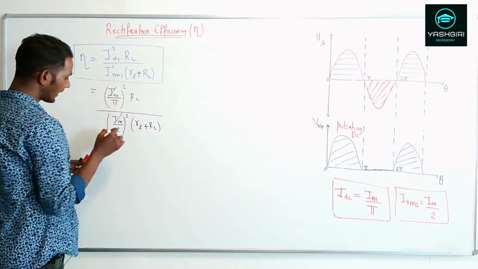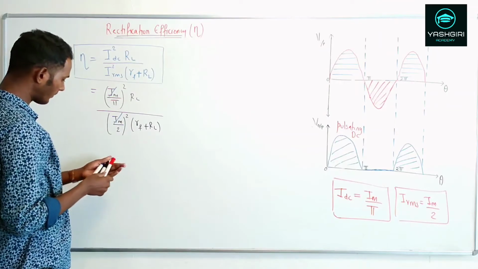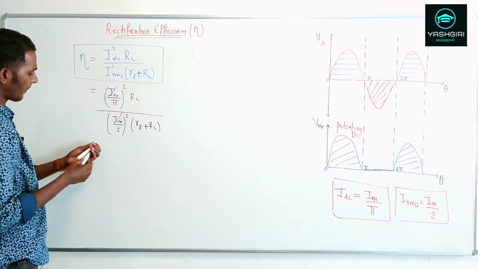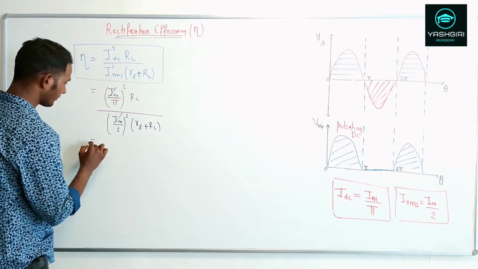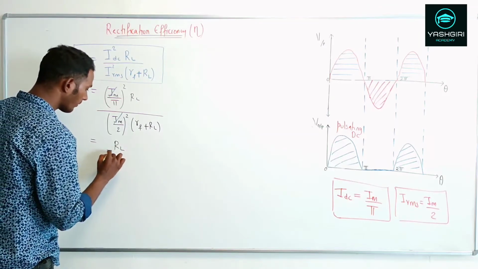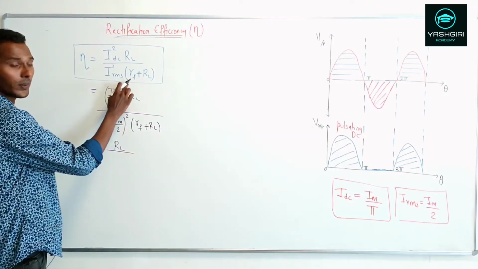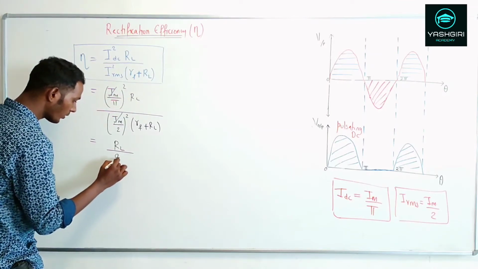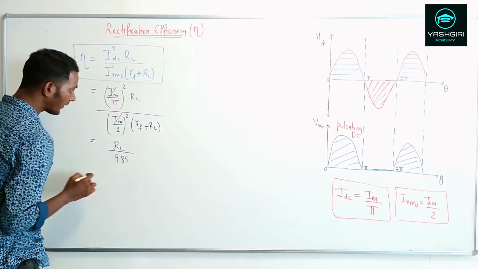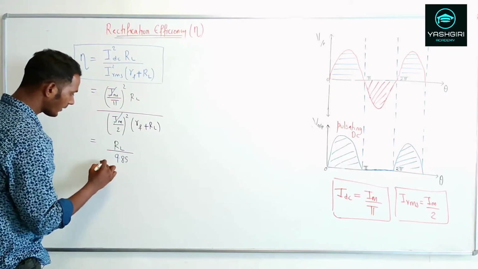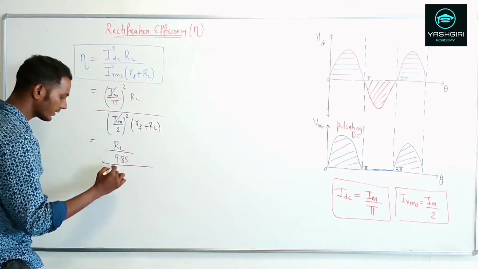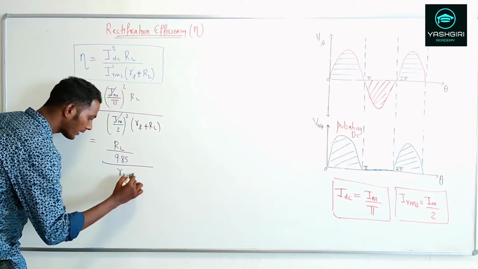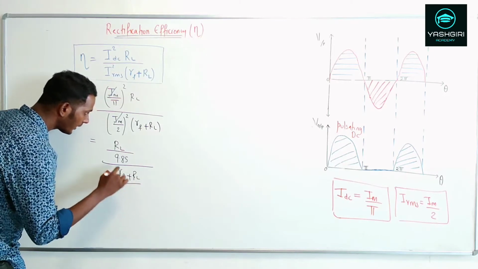What I'm left with is RL by pi the whole square. Pi is 3.14, and its square gives me 9.85. In the denominator I get RF plus RL divided by 2, 2 twos are 4.